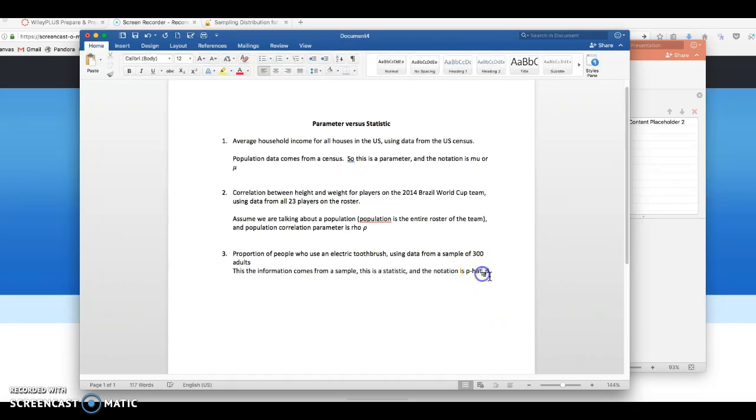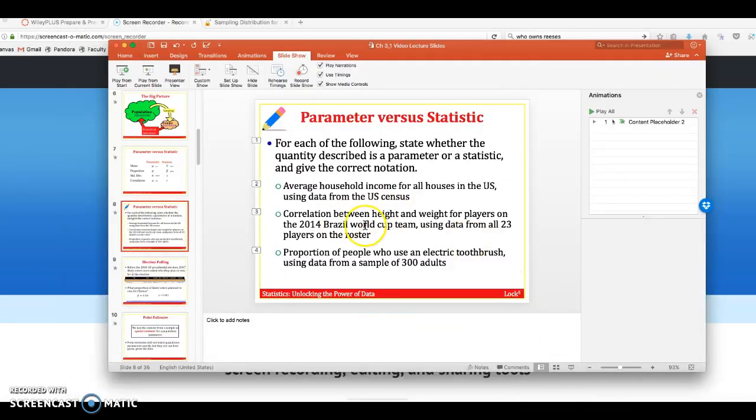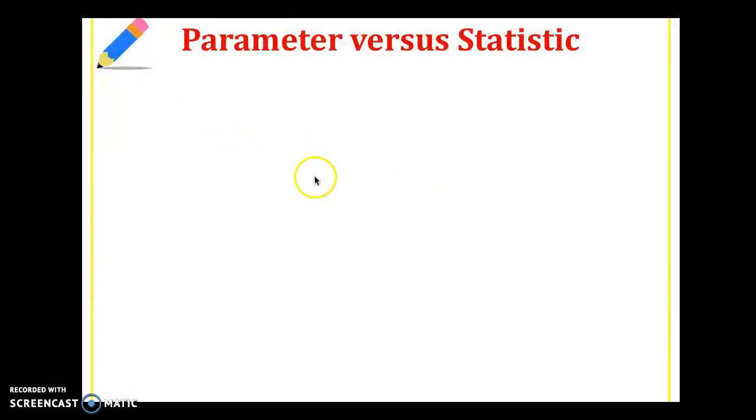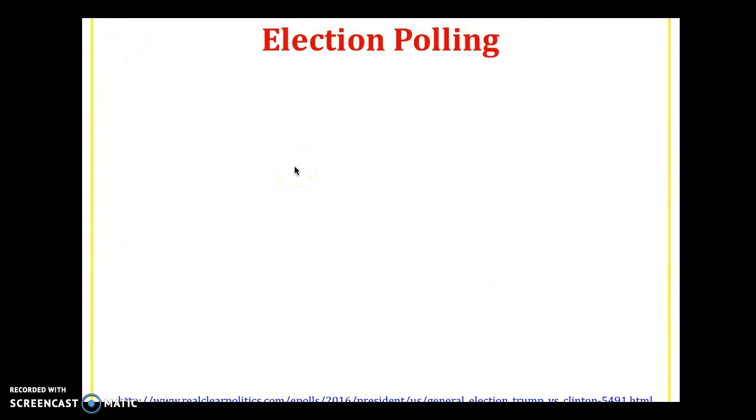If you're writing a report, I'm okay with just using "p hat" spelled out, or the symbol p hat if you're writing it down. Okay, those are the 3 examples we looked at, and I'm going to stop the slideshow for right now, and then in the next video we're going to look at some election polling.